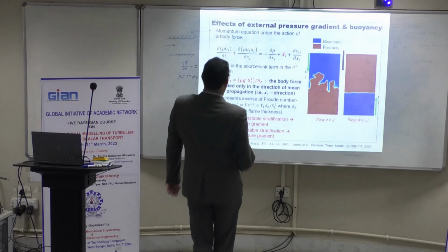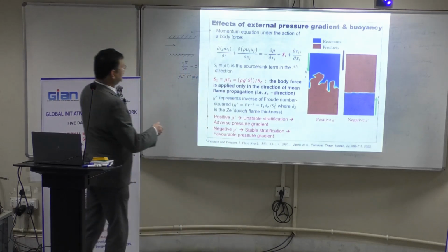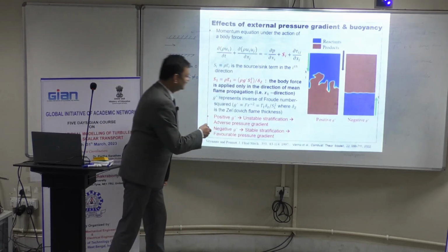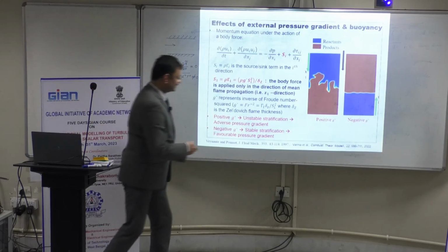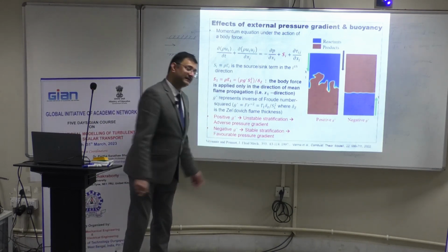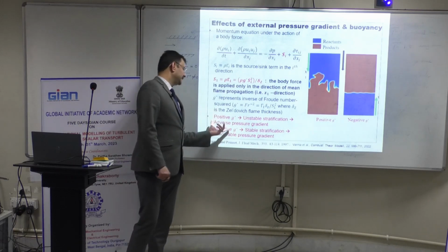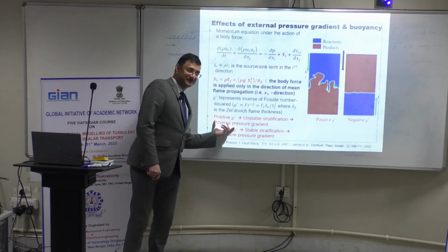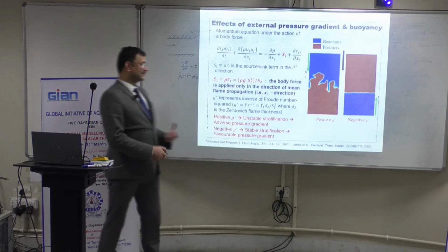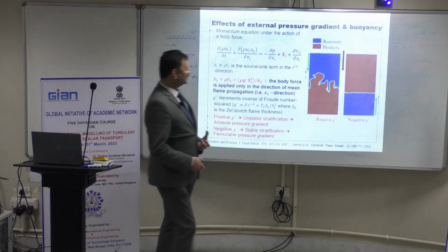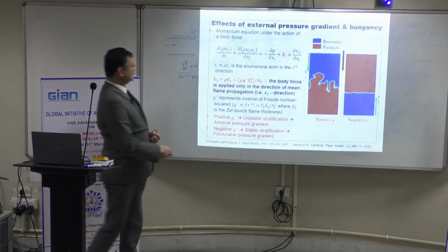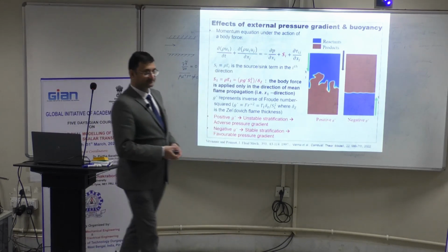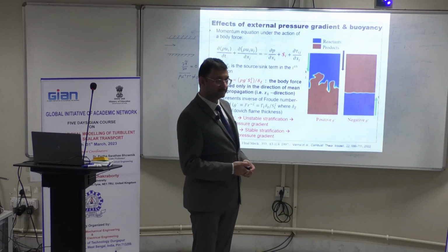Okay? So we have defined the force term in this manner. As I said, positive g star is essentially unstable stratification, and it can be shown in the hydrostatic limit it is equivalent to adverse pressure gradient. In the case of negative g star, it is stable stratification, favorable pressure gradient. Okay?